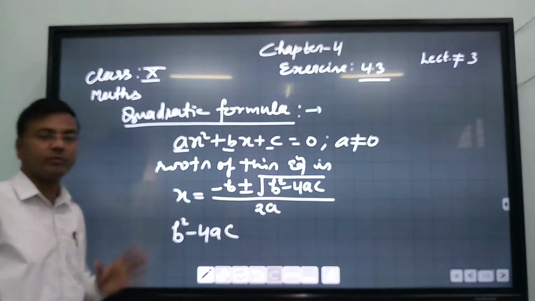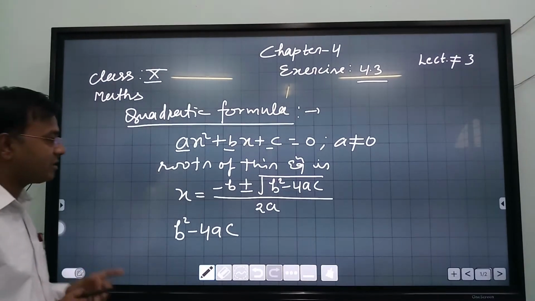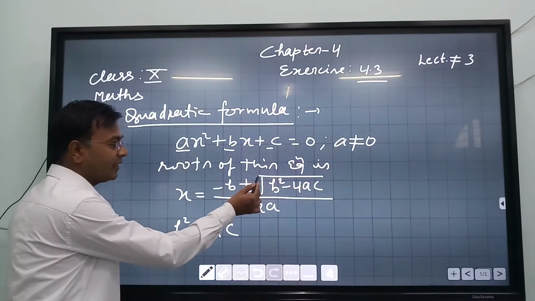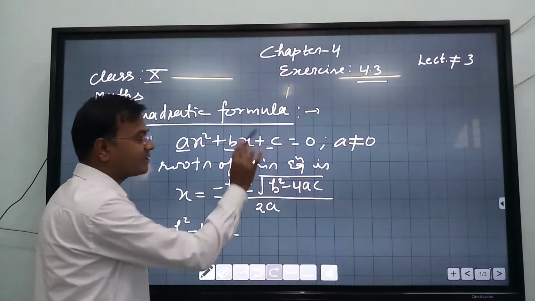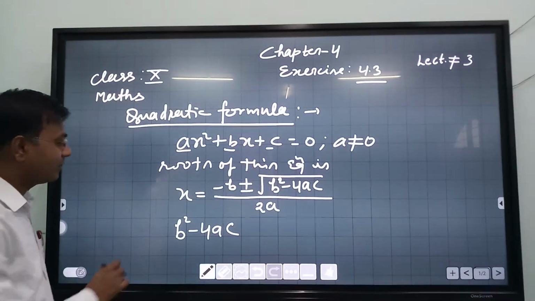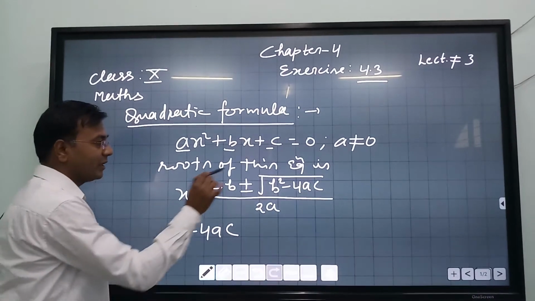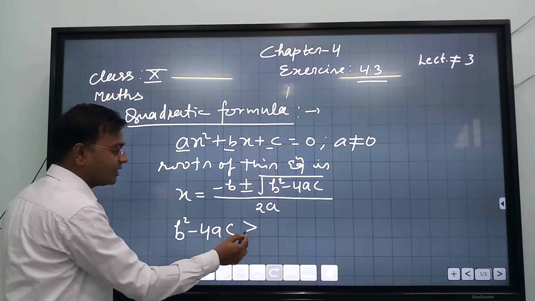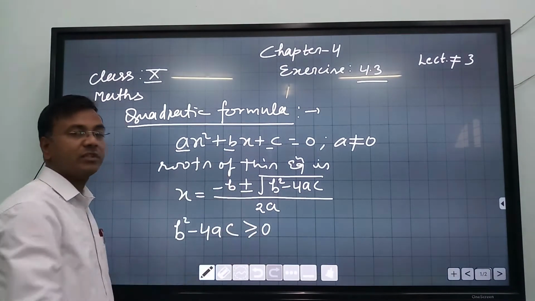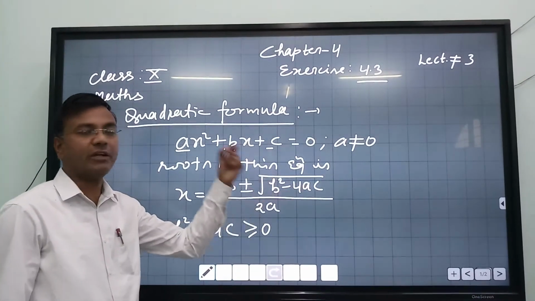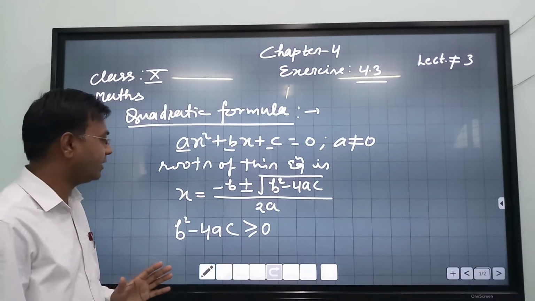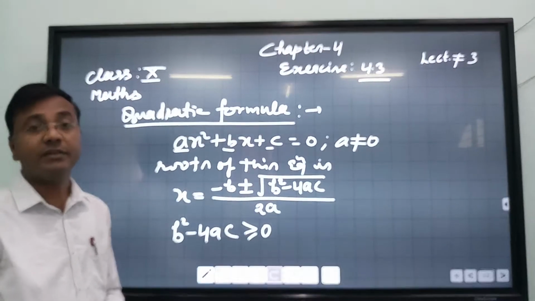Okay, now one point which is very interesting: the roots of the quadratic equation exist only if, now see, under root is coming. So in the under root there is a term b square minus 4ac. If this term b square minus 4ac is greater than or equals to 0, that is, inside this under root the value should be positive, okay, only then we can find the real roots.